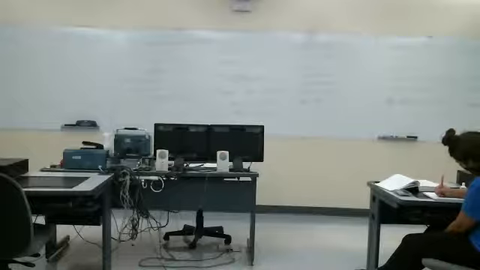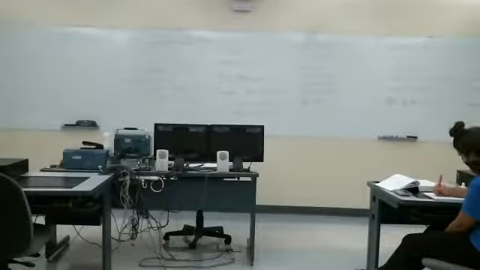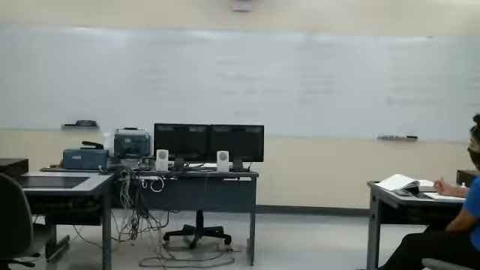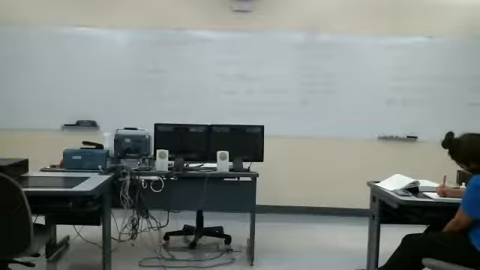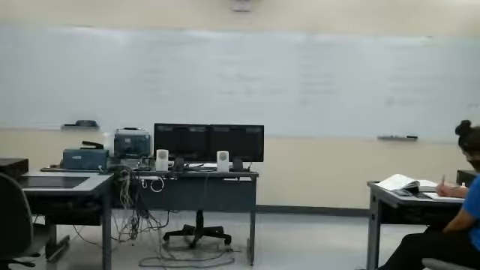Okay, so I'm going to take the derivative of that. So h of t is the derivative of 1, which is 0. The derivative of e to the minus t over tau with respect to t, I just have the minus 1 over tau that I pull in front. It's 1 over tau e to the minus t over tau u of t.